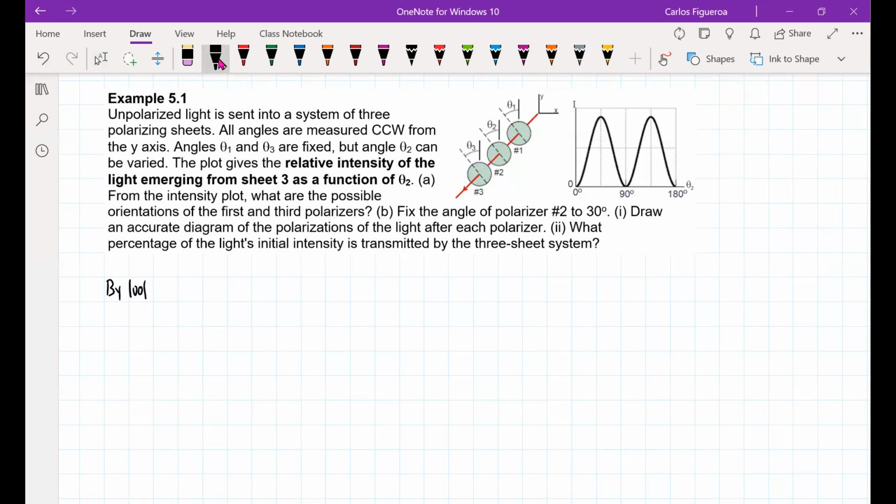By looking at the intensity curve, at theta 2 equal to 0 degrees and 90 degrees, as well as 180 degrees, the intensity is 0.